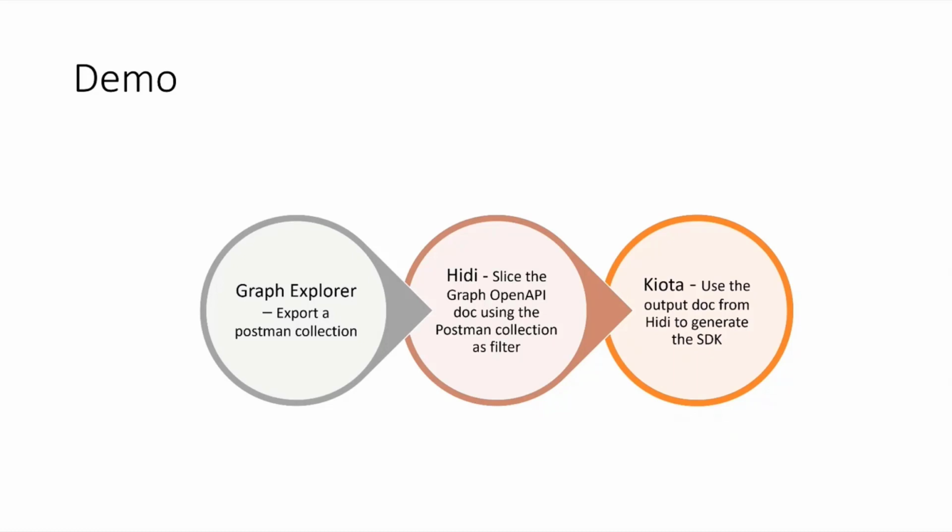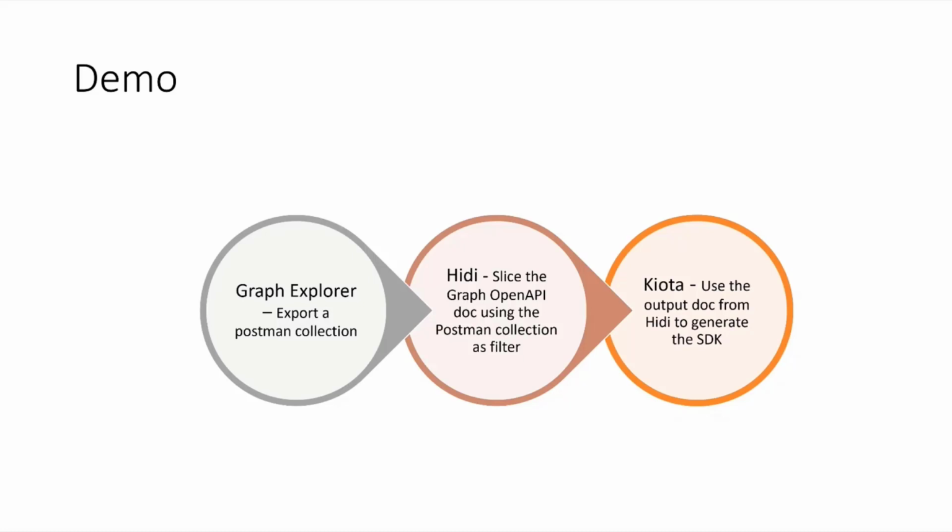And then I am going to use another one of our tools. It's called Hidi. And Hidi is a command line tool that allows processing of OpenAPI documents. So things like transformations on OpenAPI documents, let's say you need to go from V3 to V2 or vice versa, YAML to JSON and vice versa.